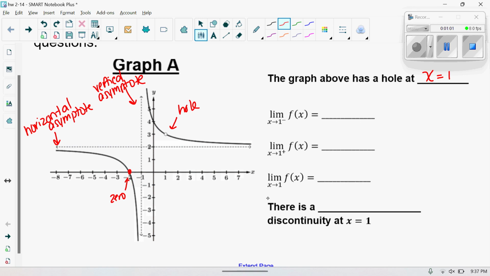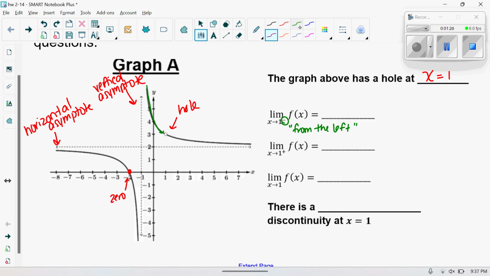So they want to know the limit as x approaches 1 with this negative here. So this means from the left. So if I approach 1, which is right here at this hole, from the left. So here, a limit is really a height or a y value.